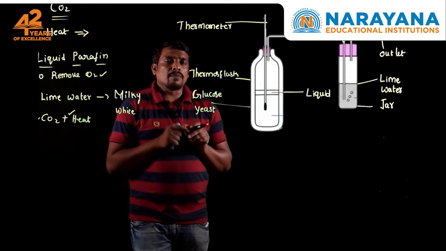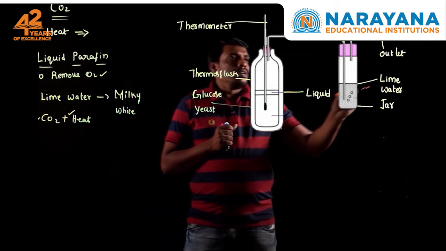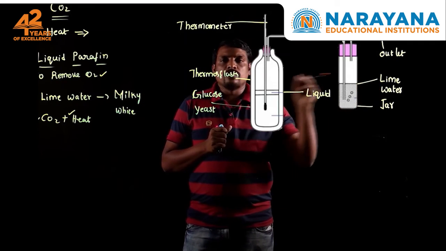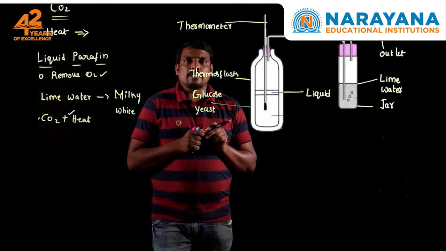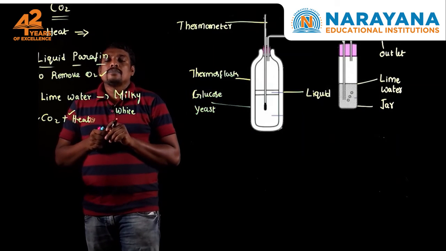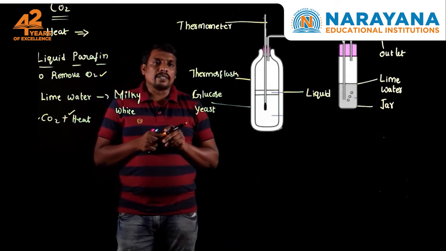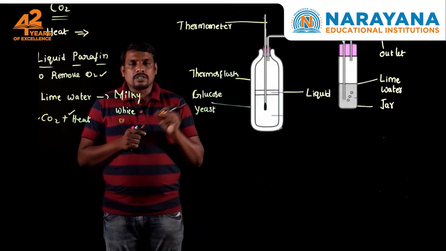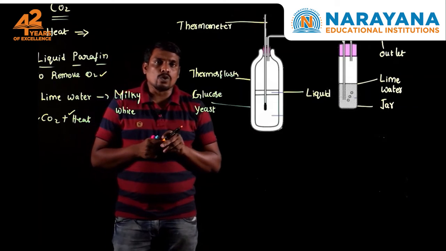How do you know that carbon dioxide is produced? Here the lime water which is kept in the jar converted into a milky white precipitate, that indicates the presence of carbon dioxide produced by the yeast cells which are kept in the glucose solution.